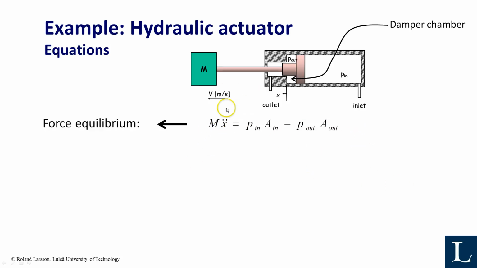That means that the m x double dot, the inertia forces, must be equal to the forces applied on the other end of the piston, and that's the pressure multiplied by the area here on the outlet side of the piston, and the pressure multiplied by the area on the inlet side of the piston. That means that it's P in multiplied by A in minus P out multiplied by A out.